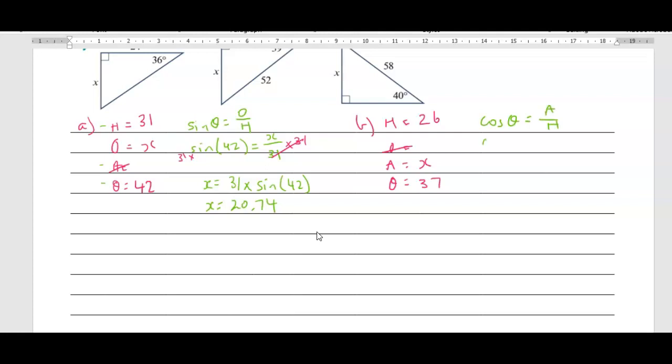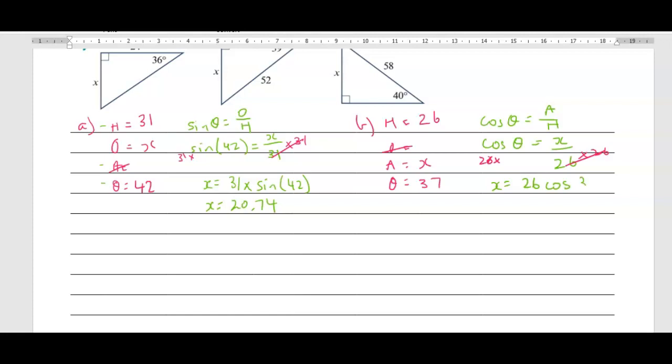Now let's just substitute everything in. So your adjacent side is x over hypotenuse, which is 26. All right, so it's now an algebraic equation, so we just need to solve for x. Because 26 is on the denominator, we just multiply both sides by 26. So that cancels, and then we've got x equals 26 cos.